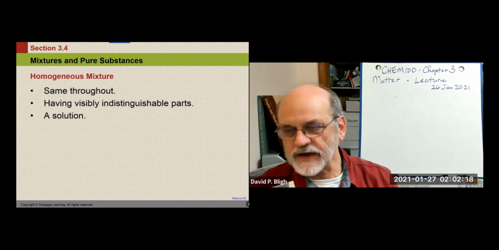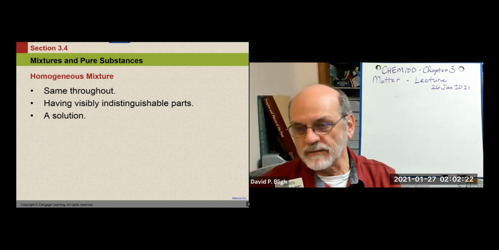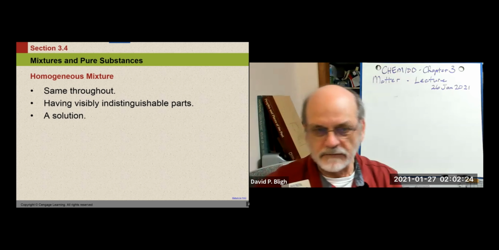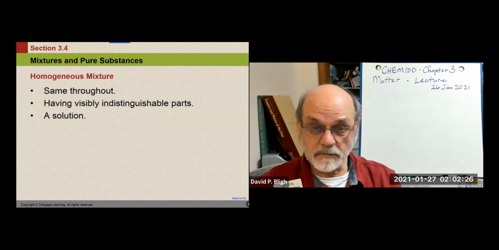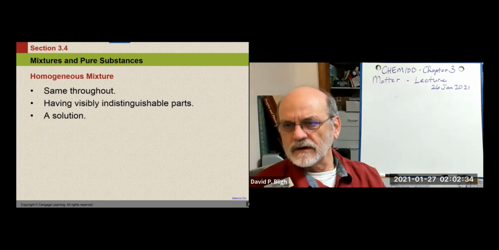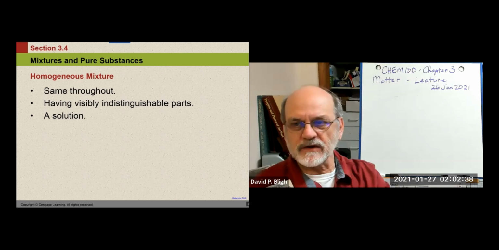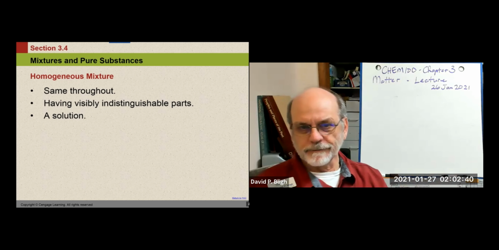You look on the side of the bottle, this bottle might have 15% alcohol. This bottle might have 70% alcohol. But those are solutions. Gases can be solutions. In fact, all mixtures of gases are solutions. Every one. Mix two pure gases together, you always get a solution.